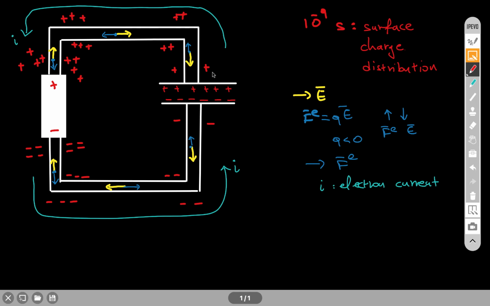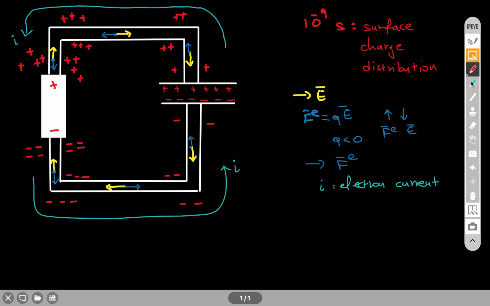Now, I want to talk about why the current stops. Why do the electrons stop moving eventually and your current goes to zero? Well, let's say near the capacitor, I'm going to talk about what happens near the capacitor. So here I have positive charges, I have negative charges.